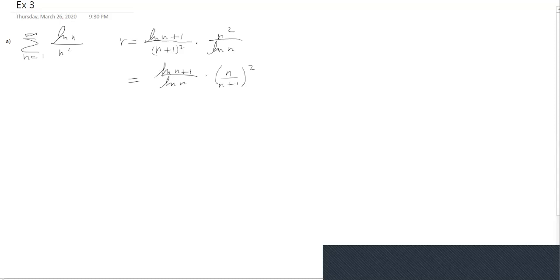Trying to get some simplifications here. This n over n plus 1, this is 1 minus 1 over n plus 1. So this is natural log of n plus 1, and then times 1 minus 1 over n plus 1 squared.